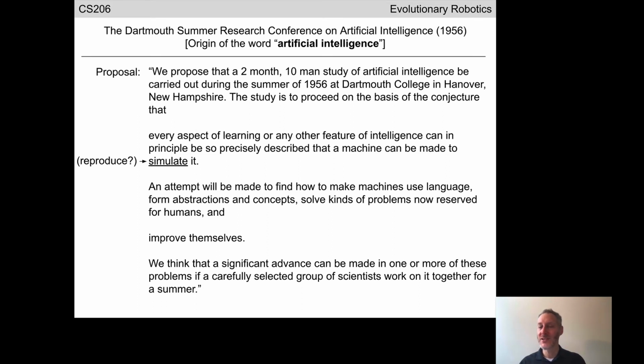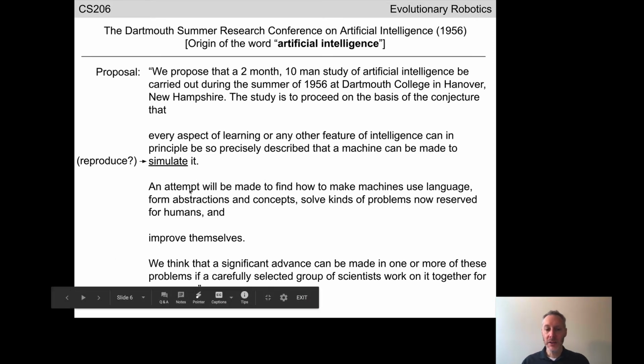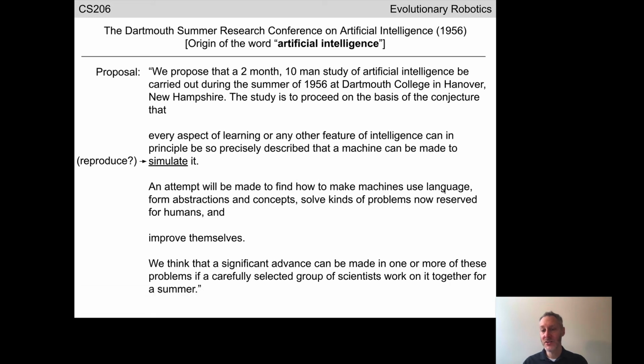But this is an important distinction to hold in mind. Are we trying to create machines that act intelligently or seem intelligent or simulate being intelligent, or are they actually intelligent? Okay. All right, so during this period, they were going to make an attempt to find out how to make machines use language. So NLP, or natural language processing, they were going to tackle.